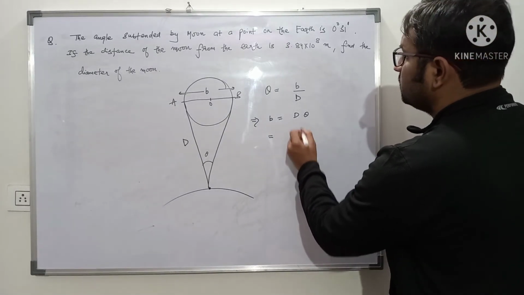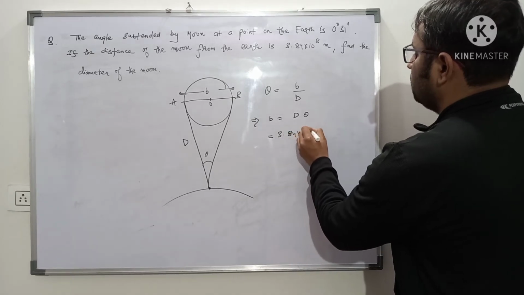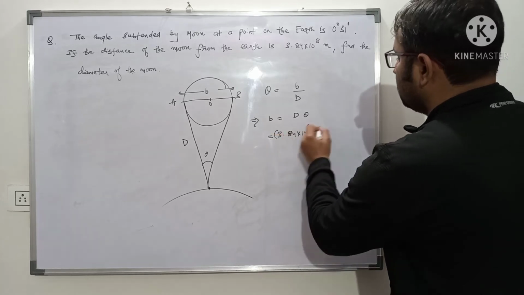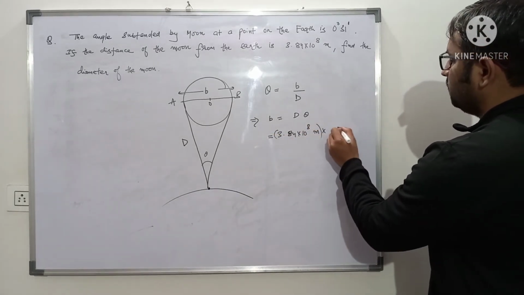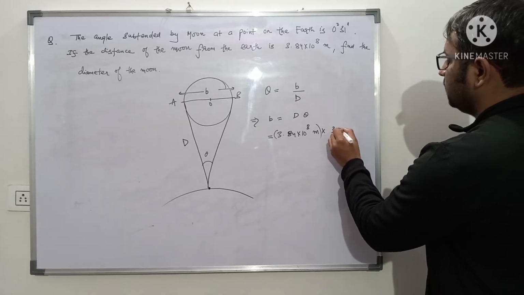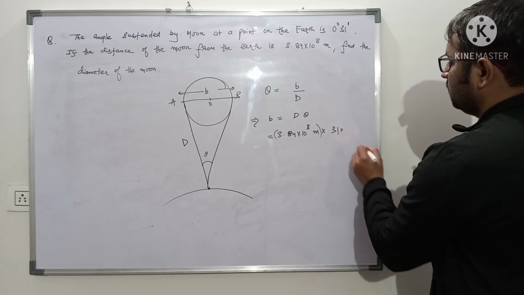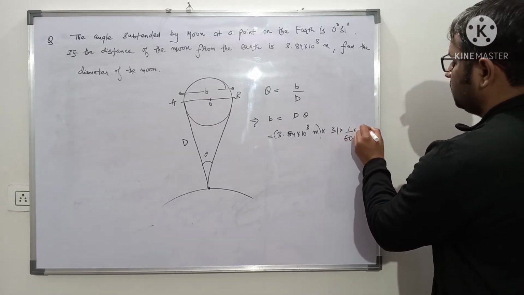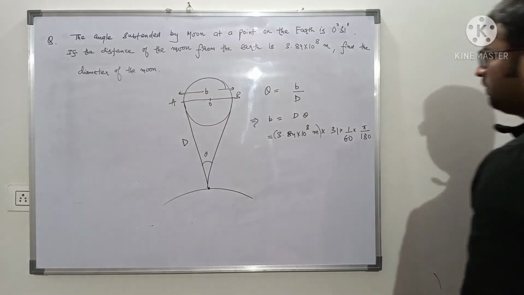D is given to us as 3.84 into 10 to the power 8 meter, and theta is given to us as 31 minutes. So what is 31 minute? How will we write it in radian? 31 minute equals 31 by 60 degree, and this will be multiplied by pi by 180, right?